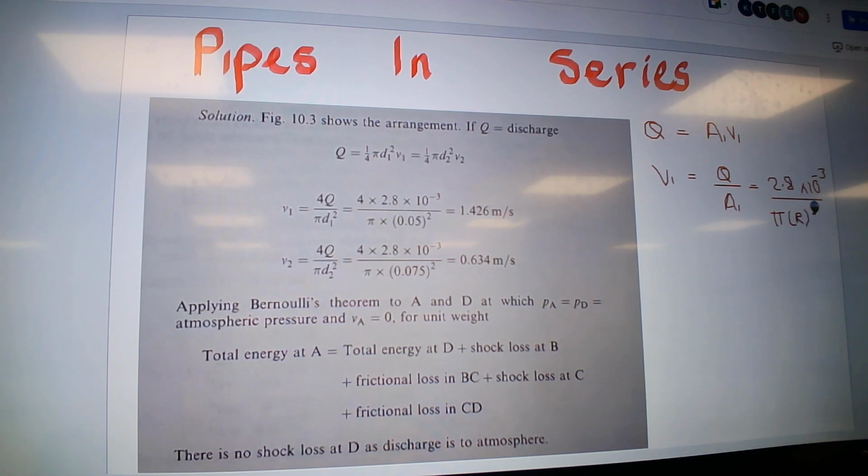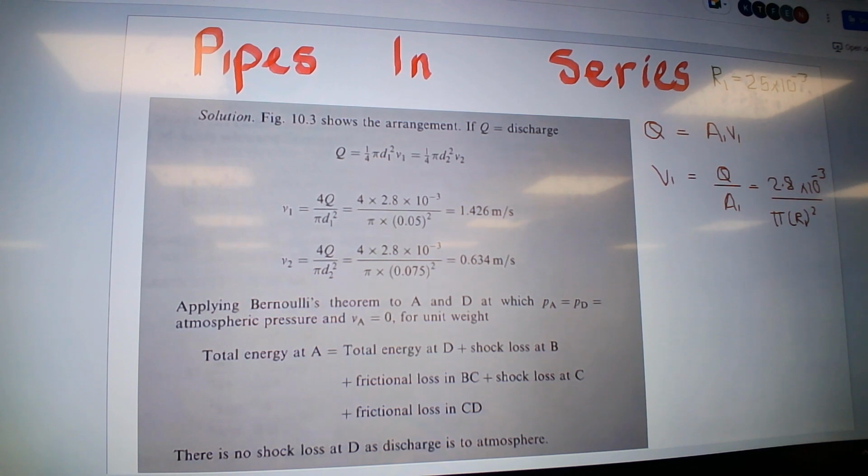The value for R1 is 25 millimeter. If you put that in, we will have the V1 straight away, rather than using that complicated way. Here they use pi d square over 4.